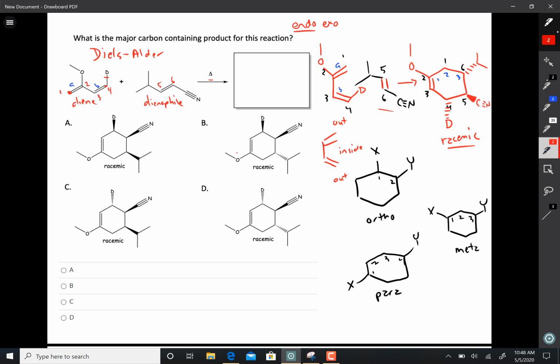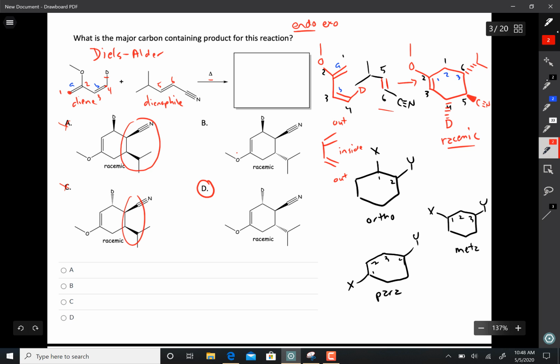Now it's just a matter of figuring out which one matches that. And that would be D. A, we can rule out because those two are cis. C, we can rule out because those two are cis.